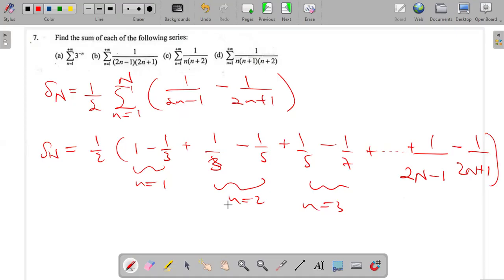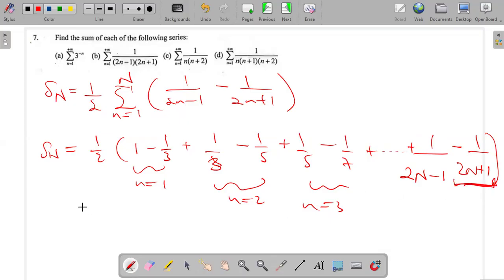So everything cancels except the first positive one. Everything else will cancel. How? Because you see that this here is the negative half, and this here, they will cancel. This there and that there, the subtraction gives you 0. They will continue to cancel in between, and we will remain with the last part, the negative part here.